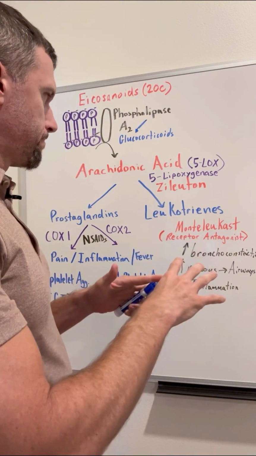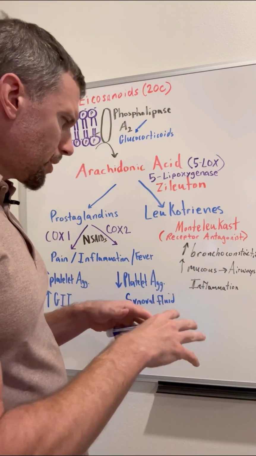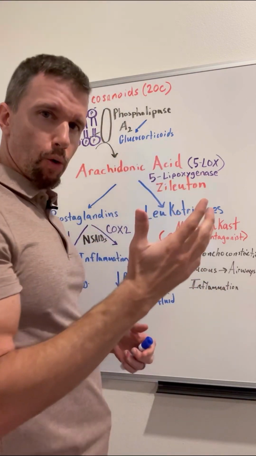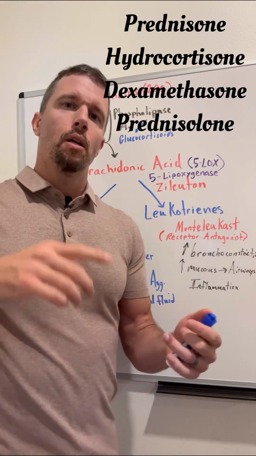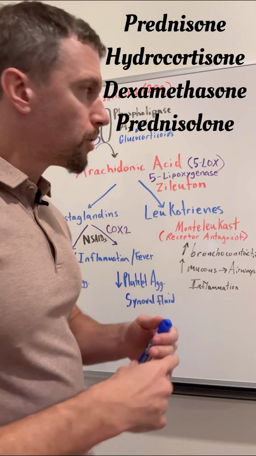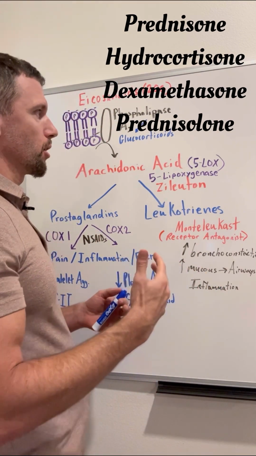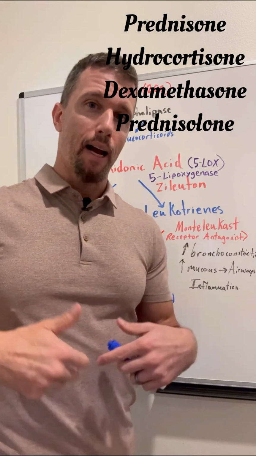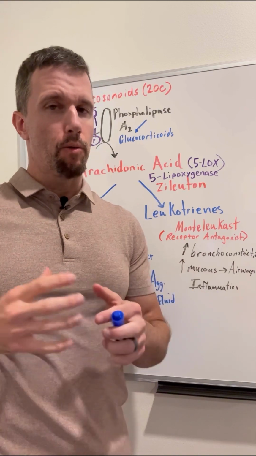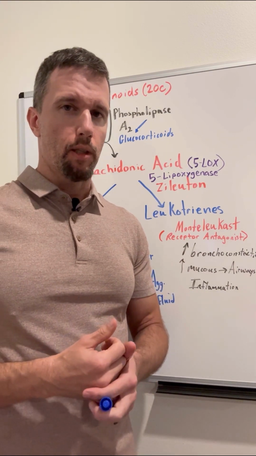So those are leukotrienes. Now, we have drugs called glucocorticoids or steroids, like prednisone, hydrocortisone, dexamethasone, prednisolone, all these different steroid drugs. They also are anti-inflammatory. They have several different roles. They're really strong as far as anti-inflammatory drugs.